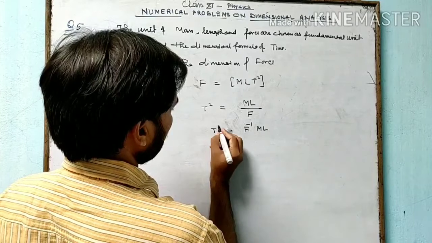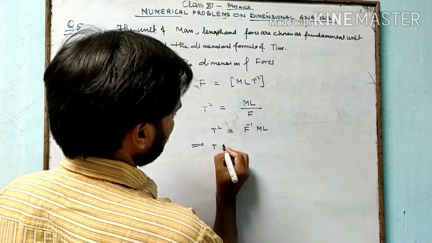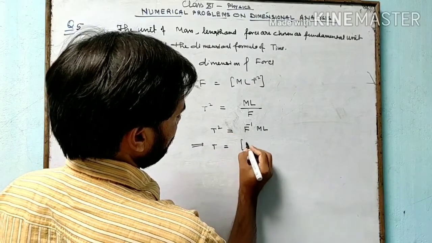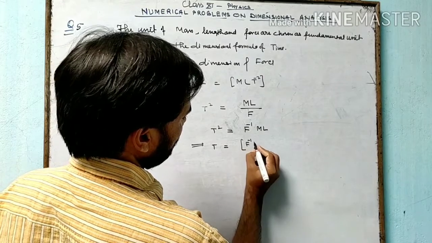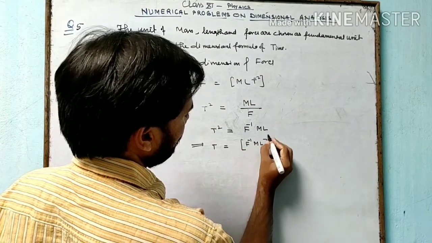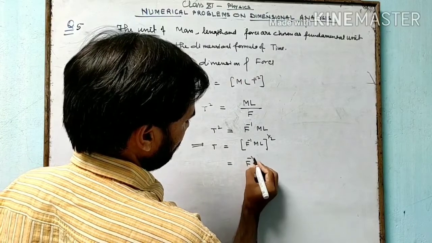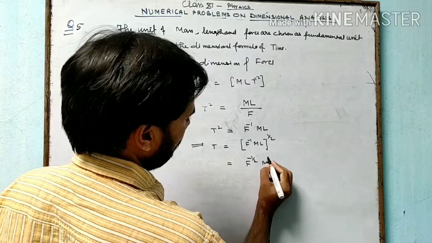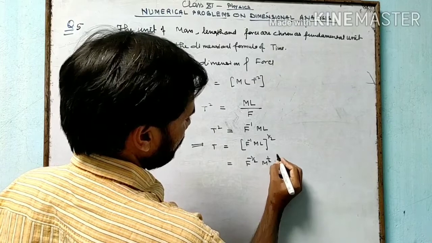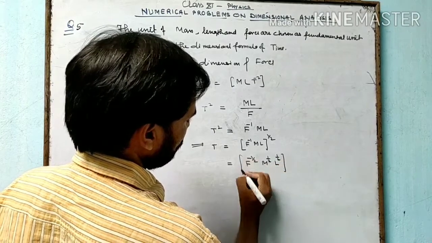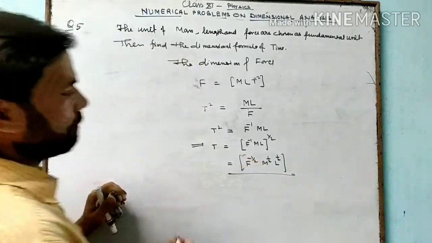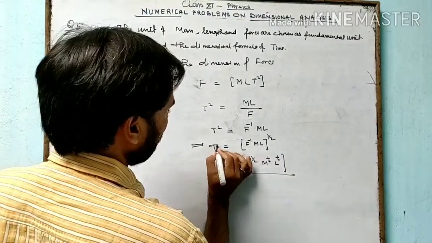So t is equal to f raised to the power minus 1 by 2, m raised to the power 1 by 2, l raised to the power 1 by 2. This is the dimensional formula of time t.